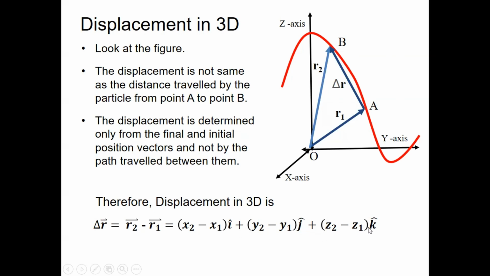Here i, j, and k are the unit vectors along the x-axis, y-axis, and z-axis, and their magnitude is equal to 1, and these are the differences in the individual x coordinates of the position A and the x coordinate of the position B.